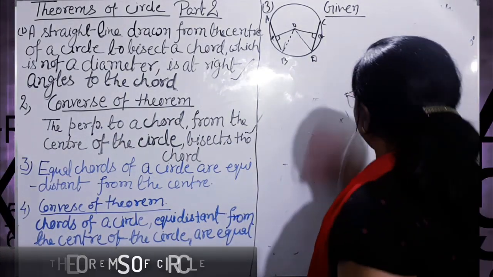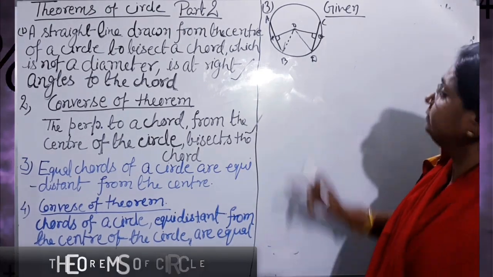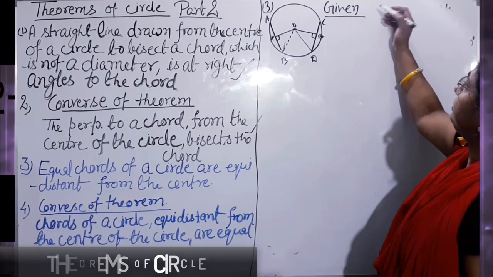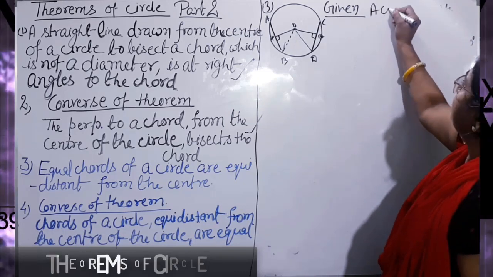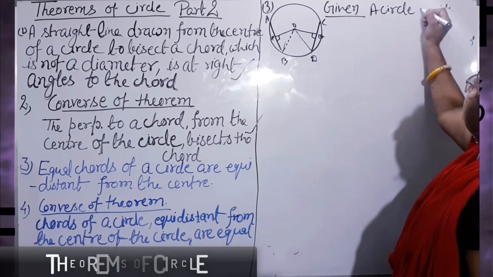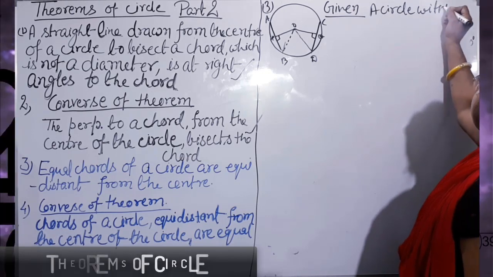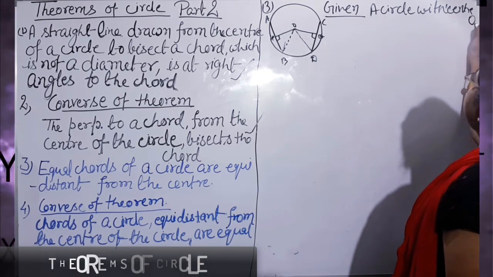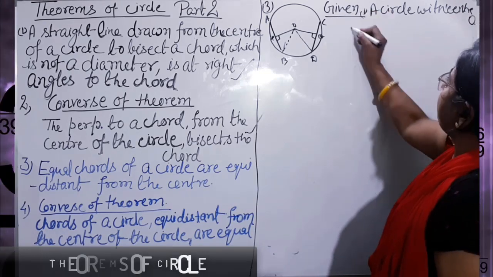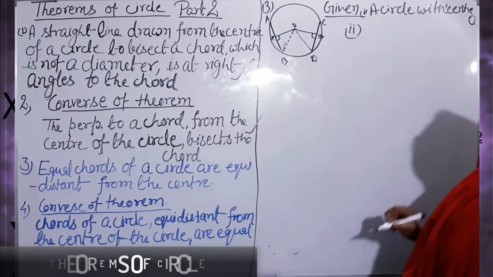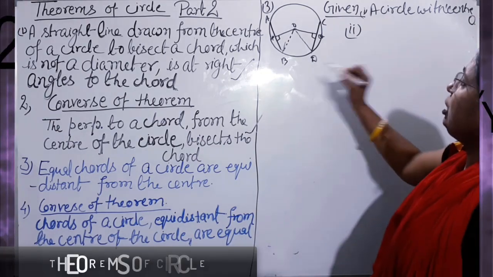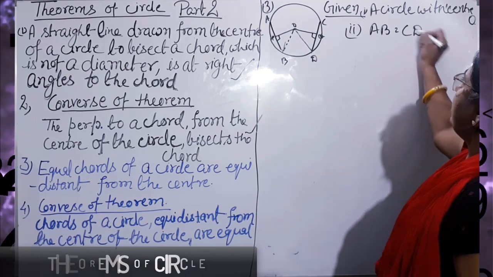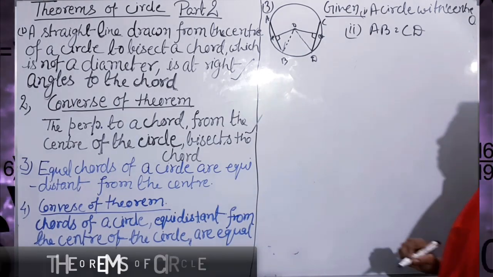Like that I have drawn one circle, a circle with center O. It is given, and second, equal chords are given: AB is equal to CD.